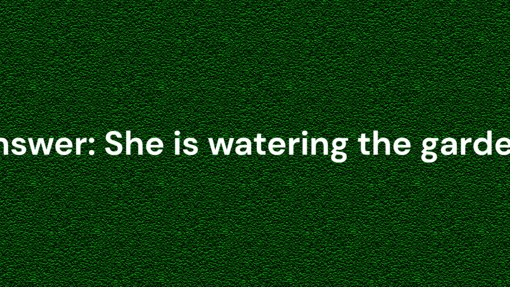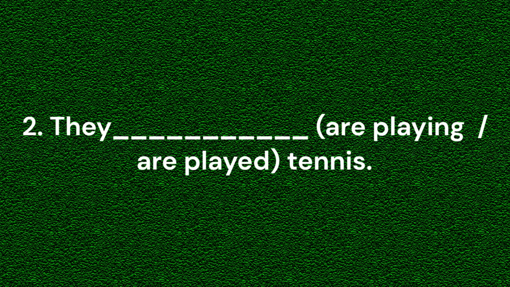The answer is she is watering the garden. You must be knowing she waters is a simple present tense. So you will not have that answer there. You will only have the answer she is watering the garden.